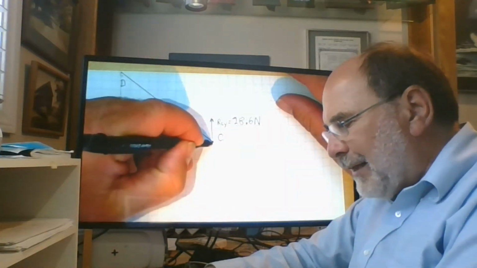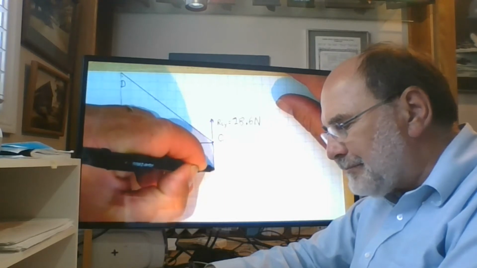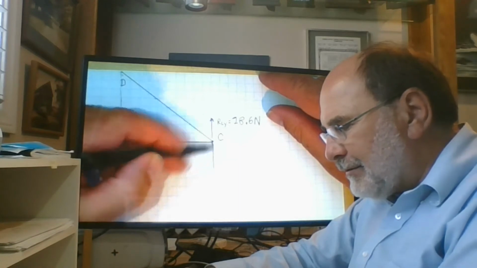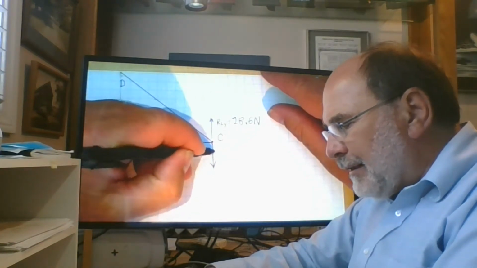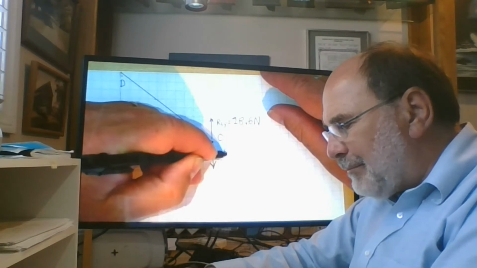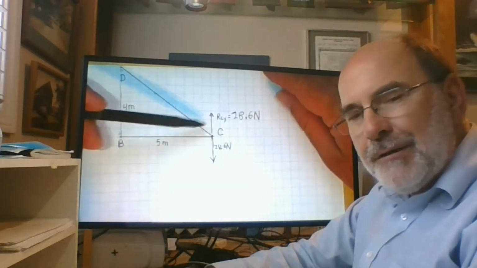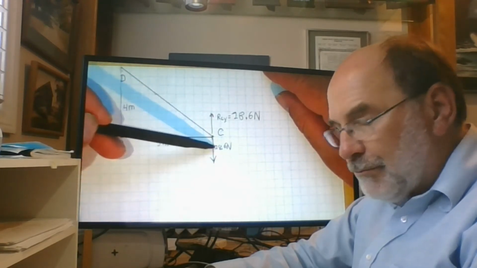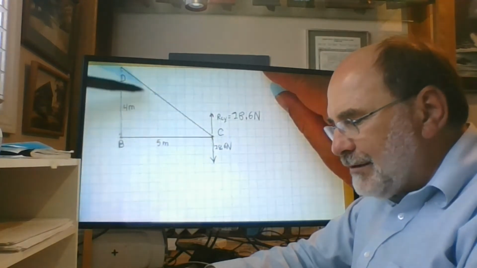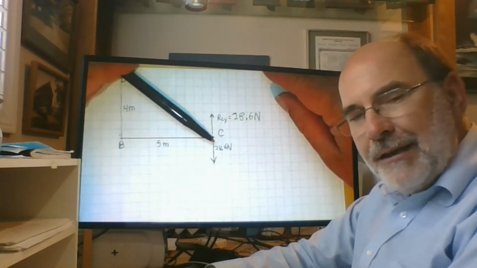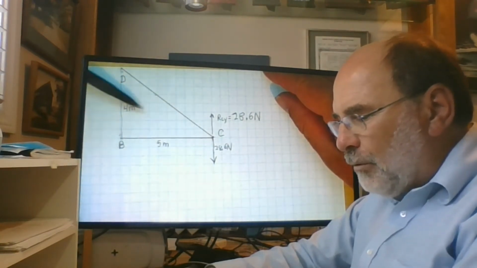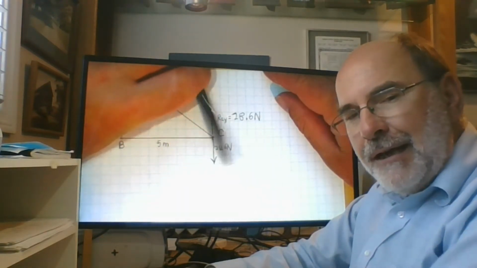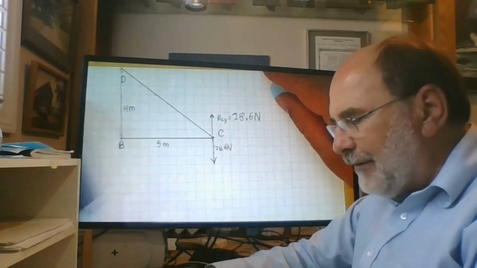So DC has to have a vertical component, and I know I should do this to scale this time, right? So 10, 20, 28, let's say it's like that. It's got to be pushing down at point C with a force of 28.6 newtons to cancel the upward push of the roller on point C. But the side effect is because it's at this diagonal, for every 4 newtons that it pushes vertically, it has to push horizontally with 5 newtons.